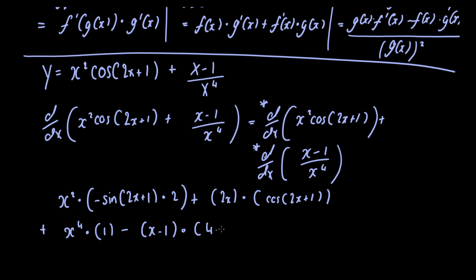So the power will come down to the front, and we'll subtract 1 from the power, so we'll have 4x cubed. And that's going to be divided by g squared, which is just x to the fourth power, all squared.